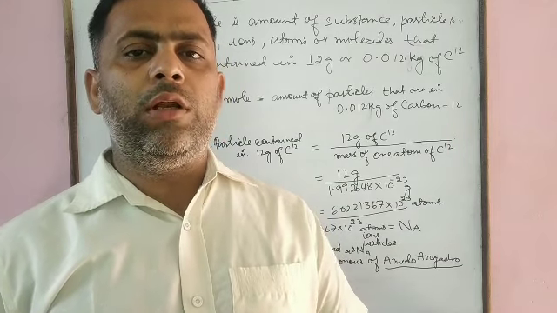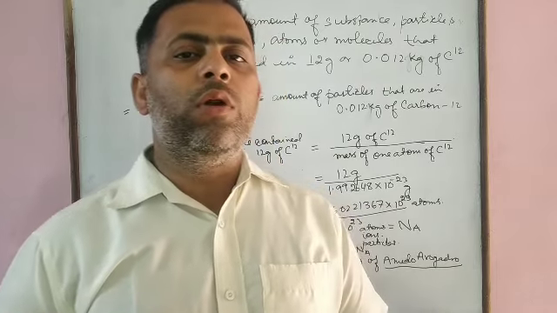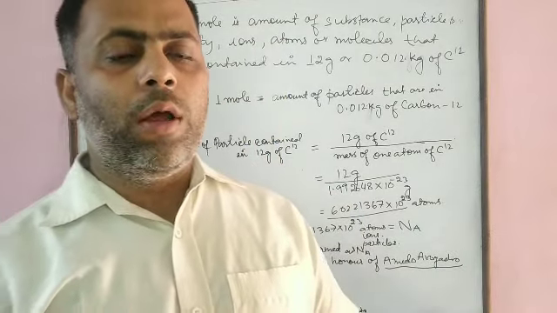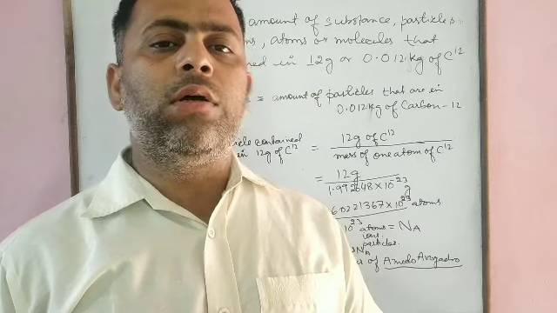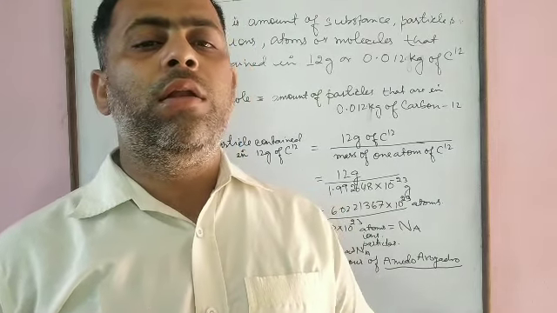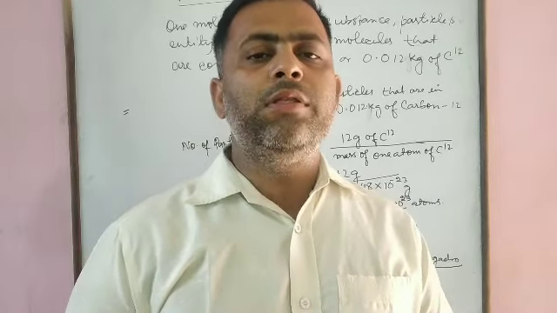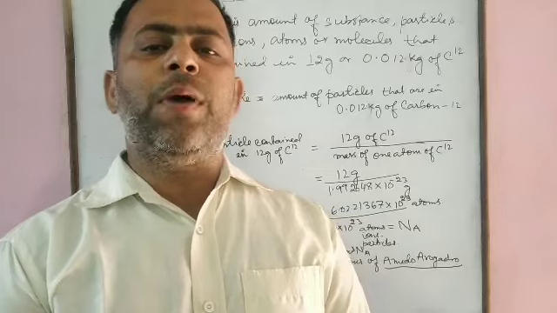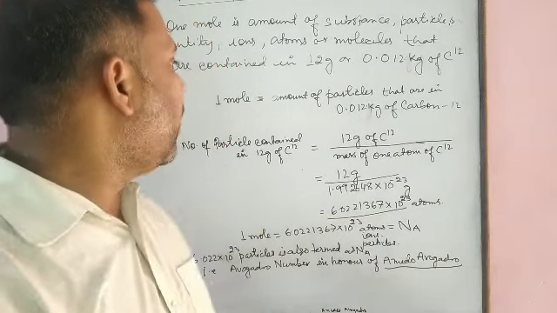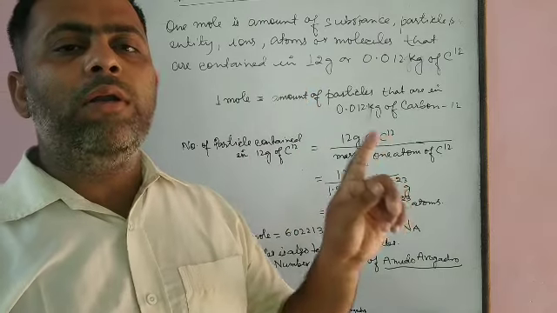How we obtain it, let us discuss. We know 1 mole is equal to the number of particles, ions or molecules that are contained in 12 gram of carbon 12. By means of mass spectrometry, we have determined the mass of one carbon atom.